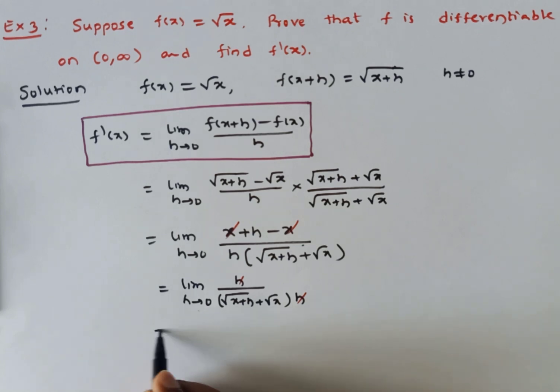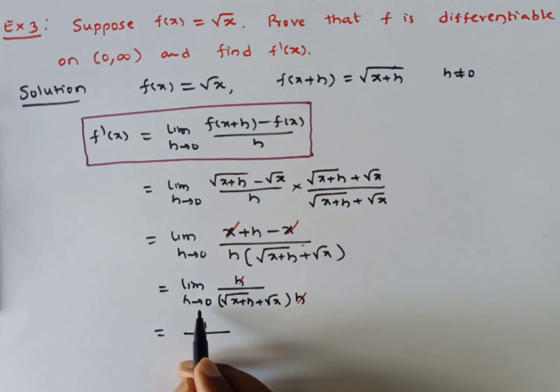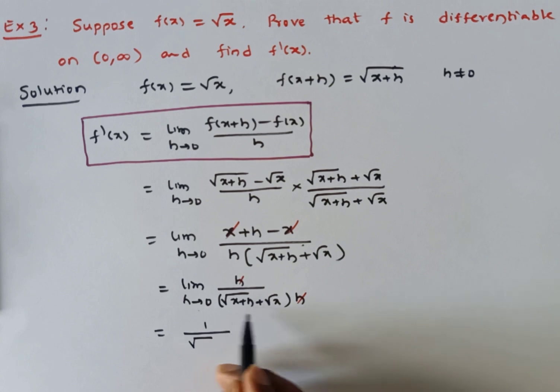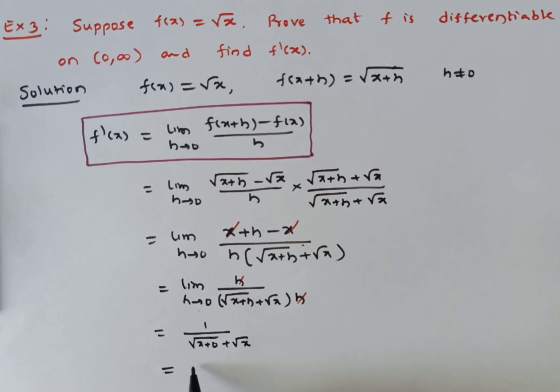Limit h tends to 0, the numerator constant is 1, divided by root of x plus 0 plus root x. Root of x plus 0 is root x only, so 1 by root x plus root x, that is 1 by 2 root x. Therefore the derivative of f of x is 1 by 2 root x.